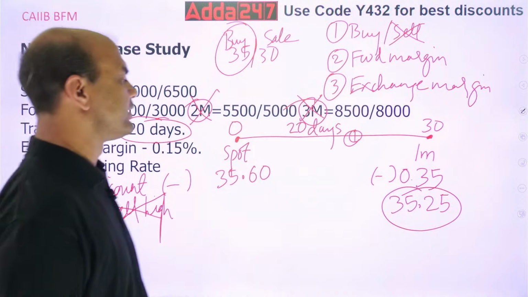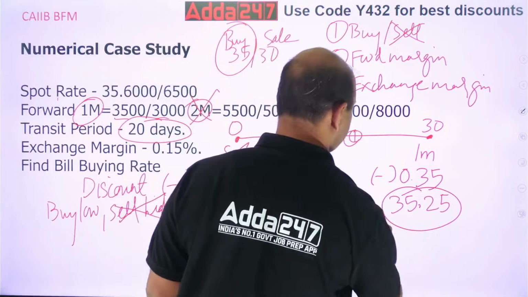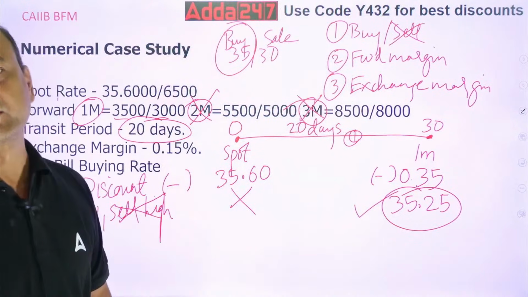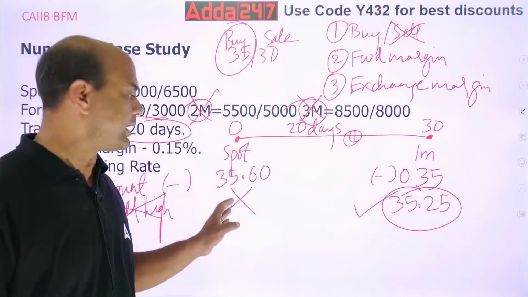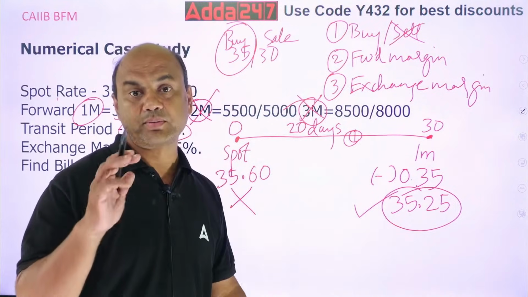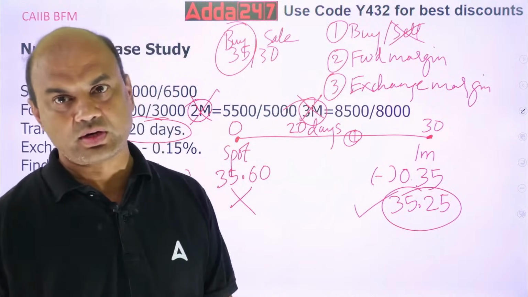It is 35.25. So this rate I will take. I will not take 35.60, it will be cancelled. Buy low. I will be buying at a lower rate. So 35.25. Got it everyone?